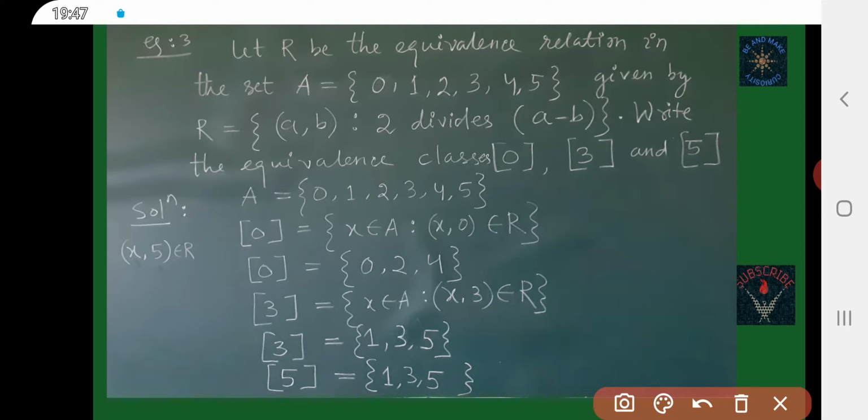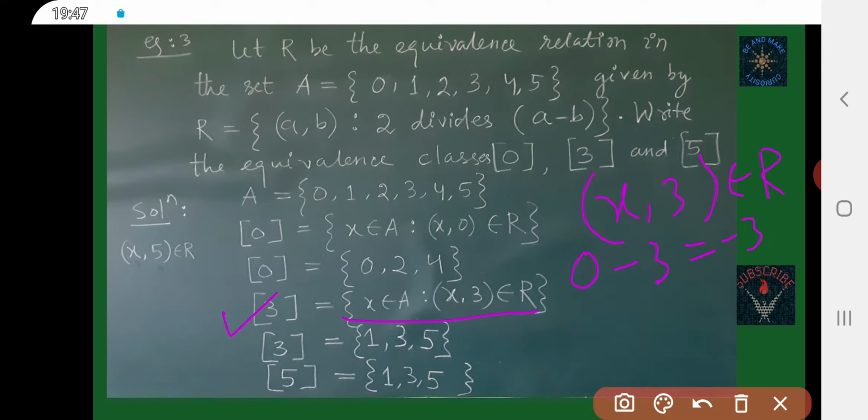Now you come to the equivalence class of 3. Here you can define like this: (x, 3) must belong to R. Now you put 0 here. 0 minus 3 is minus 3, which is not divisible by 2.